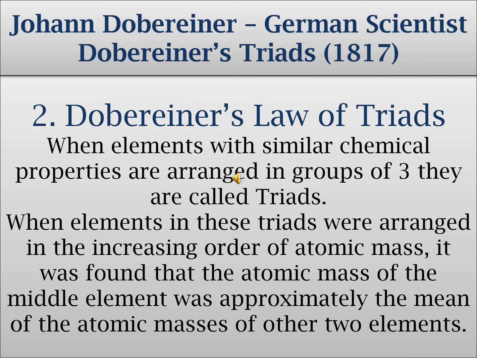As you can see on the screen, the rule is stated there: when elements in these triads were arranged in increasing order of atomic mass, it was found that the atomic mass of the middle element was approximately the mean of the atomic masses of the other two elements. Now this appears to be a very long statement, so let us understand it with the help of examples. For examples we will go to the next slide.